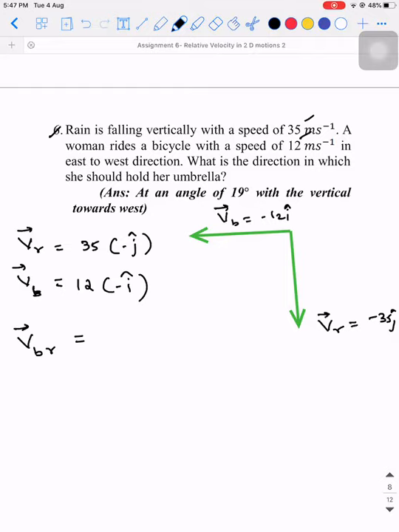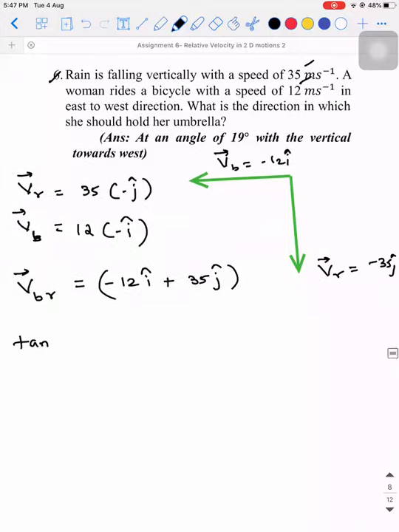So minus 12 i cap plus 35 j cap. So this is what is going to happen. So she should hold it in this direction, exactly opposite to this.